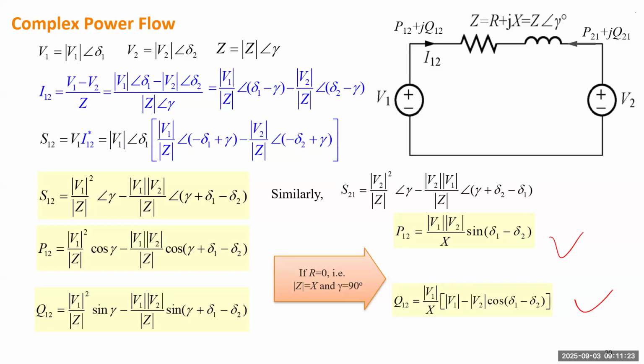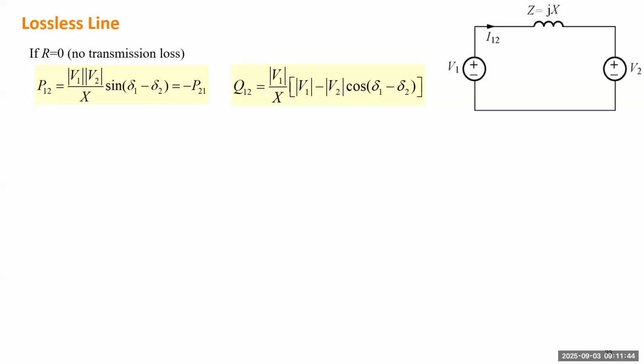So which magnitude is higher will determine the direction of reactive power flow. So active power flow is coming from the high angle to the lower angle. And the reactive power flow is coming from high voltage to low voltage. So that's what we concluded using this simple case.